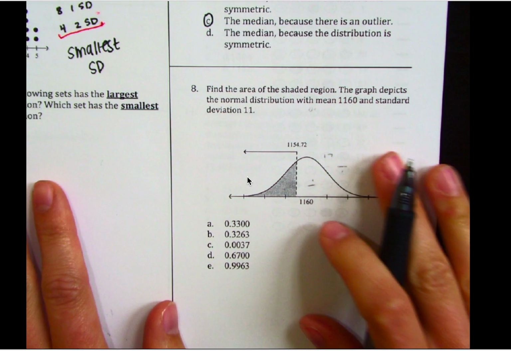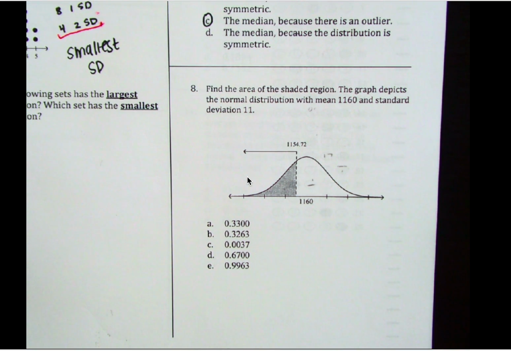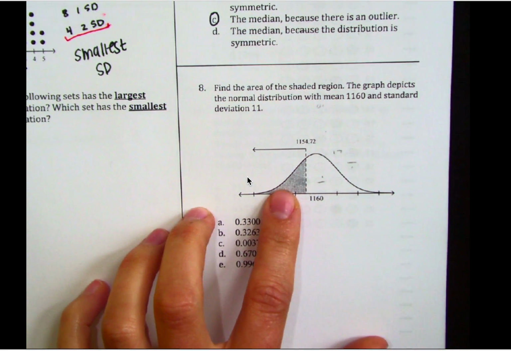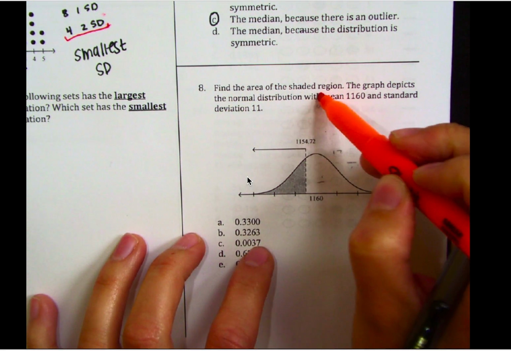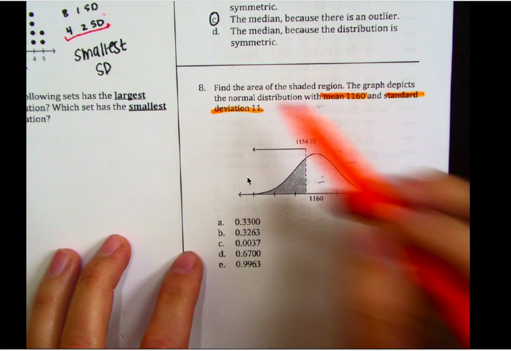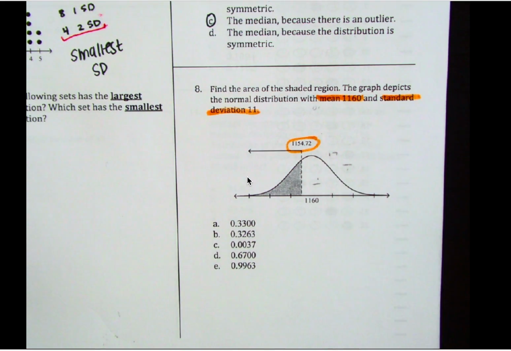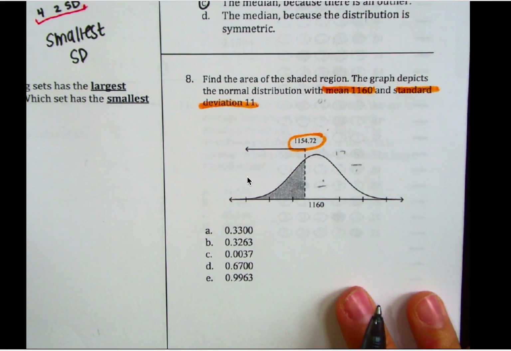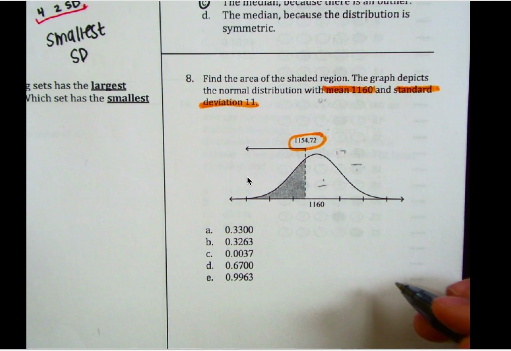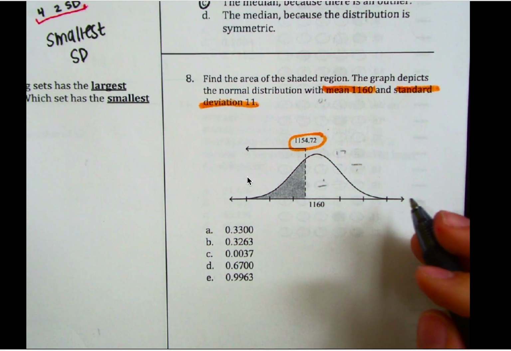Okay, number 8. We're going to find the area of the shaded region again for this graph that depicts the normal distribution with a mean of 1,160 and a standard deviation of 11. So again, they're giving us our value right here. So we're going to go ahead and use our z-score formula so we can look up our numbers in our table.